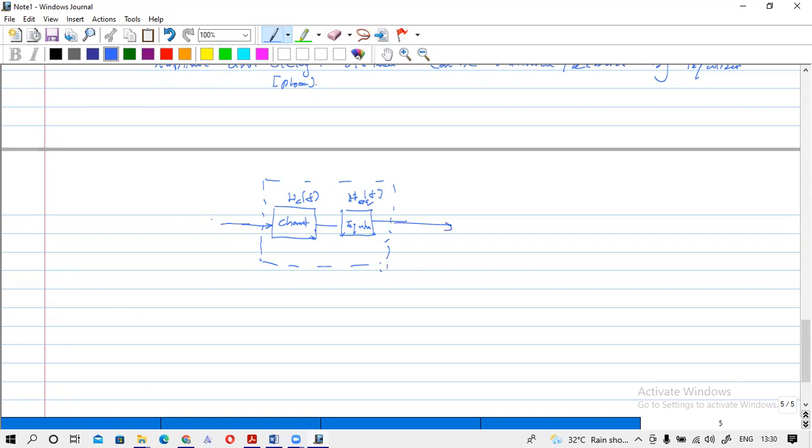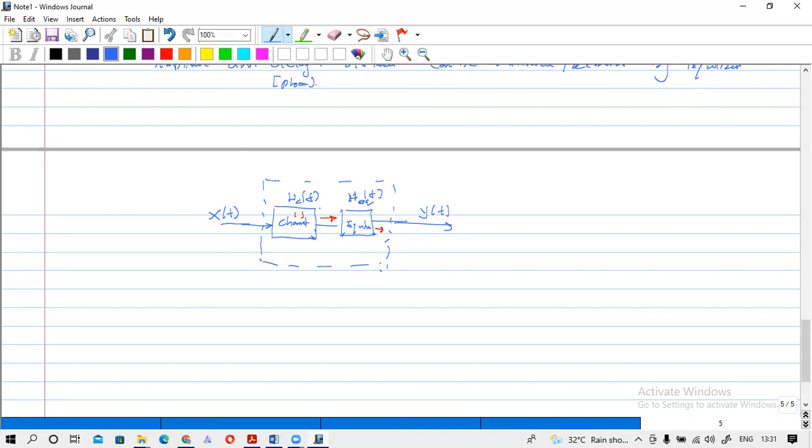If we have x(t) here, some distortion can happen within this channel, and that distortion can be minimized or removed by this equalizer. So you will again have the distortionless output.